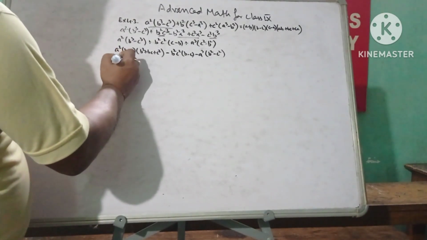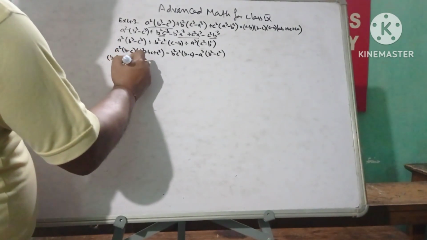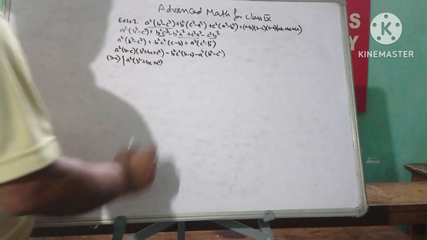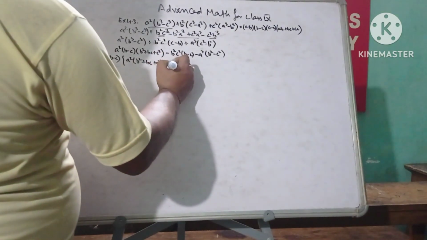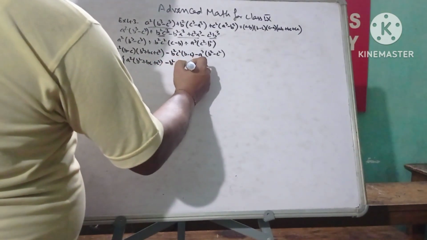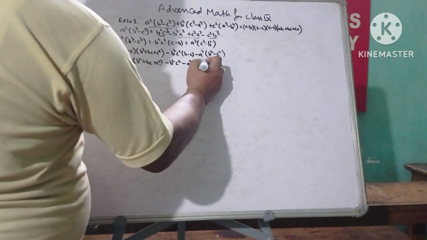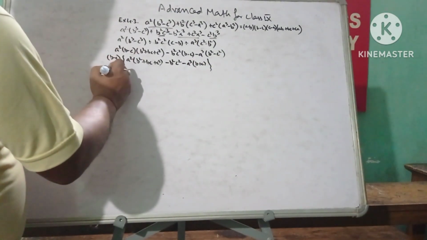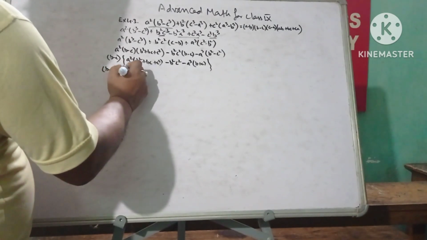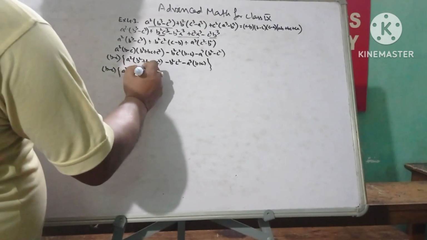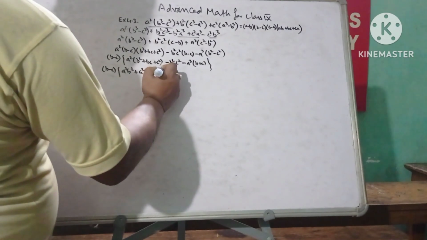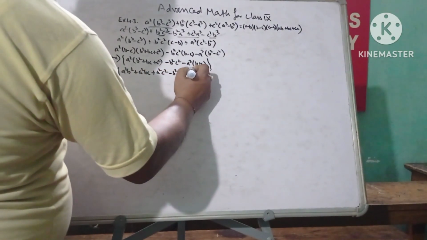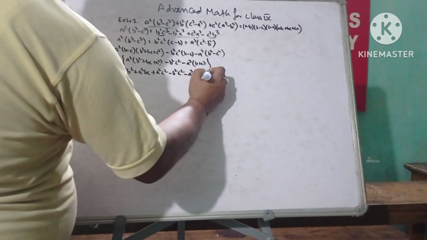So here remains a square (b square plus bc plus c square), and here remains b square c square minus a cube (b plus c). Now I am going to expand this b minus c, so this will be a square b square, bc a square, c square a square, minus b square c square minus a cube b minus a cube c.